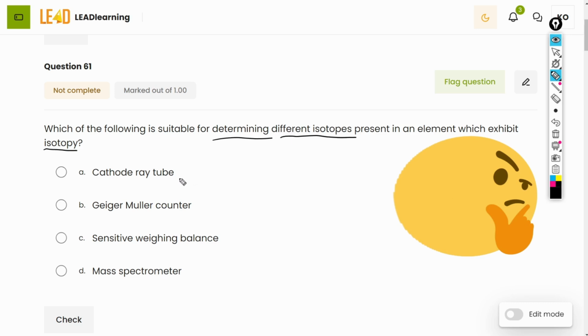To answer this question, we need to know what all these apparatus are for. The cathode ray tube is an instrument that we can use to determine the presence of charged particles. The Geiger-Muller counter is used to detect the presence of radiations.